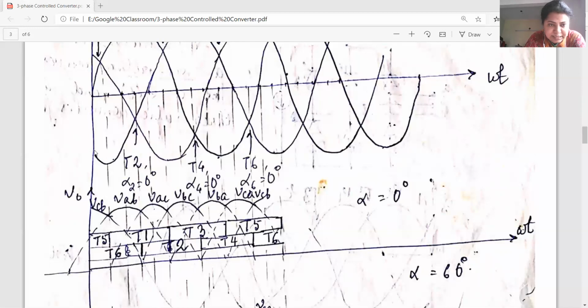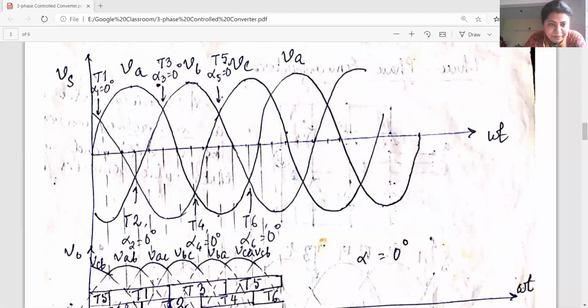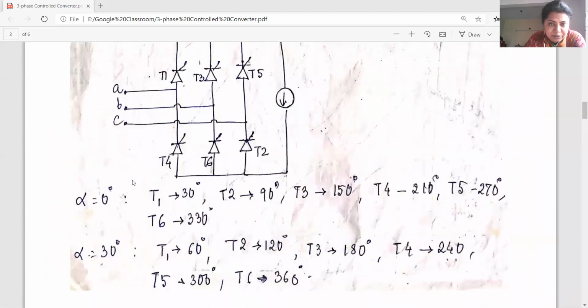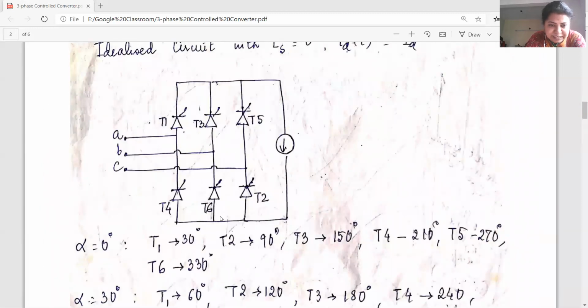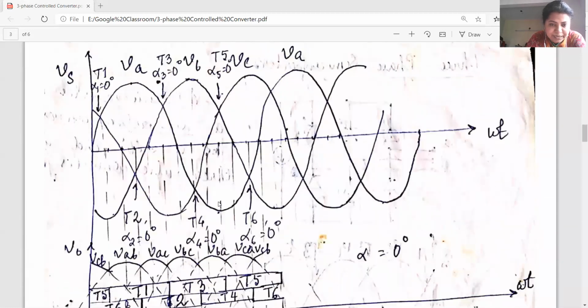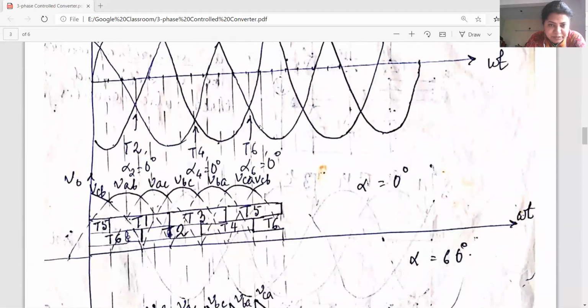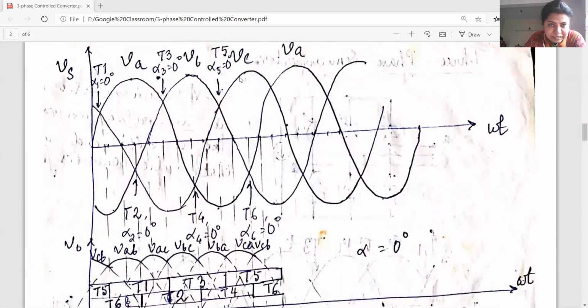before this instant, from here to here, this is VB. VB is maximum negative means T6 was conducting before this. So this is T6. Again, this is the waveform for VC.